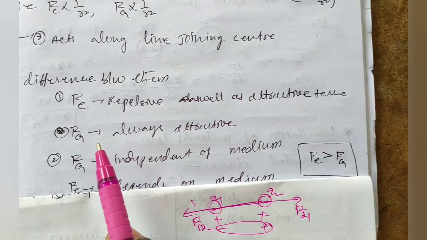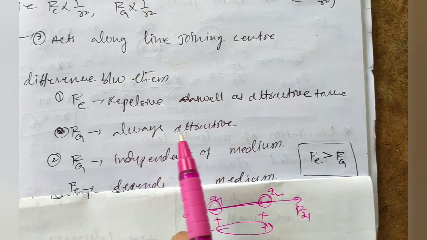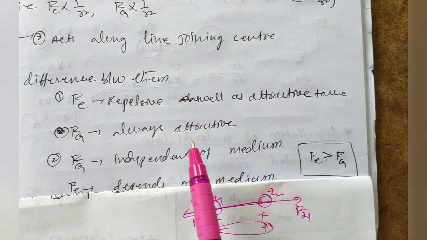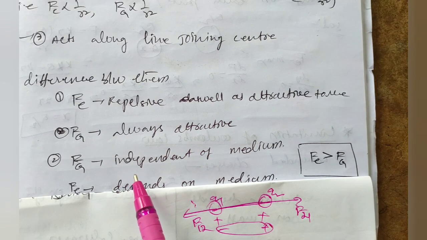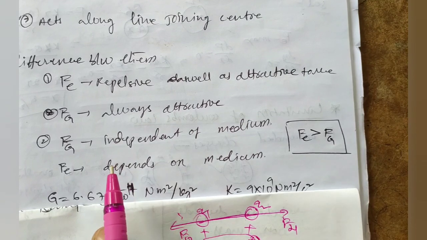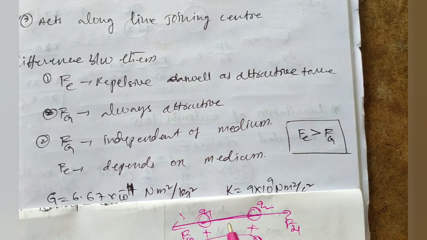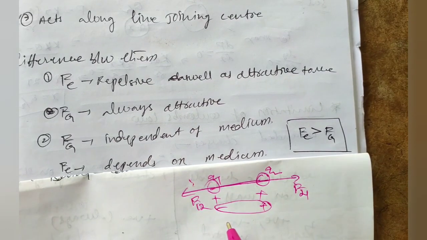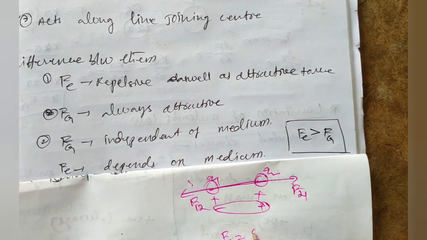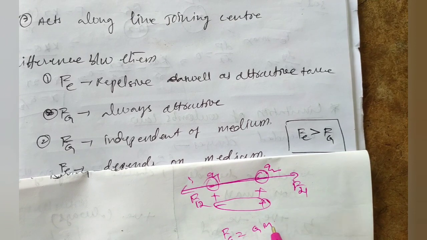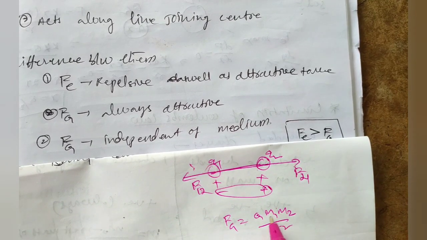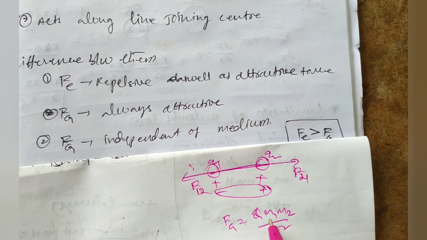In the case of gravitational force, it is always attractive, because masses are always positive. The gravitational force is independent of the medium. Fg is equal to G m1 m2 by r square, and it does not depend upon the medium because G is a universal constant.